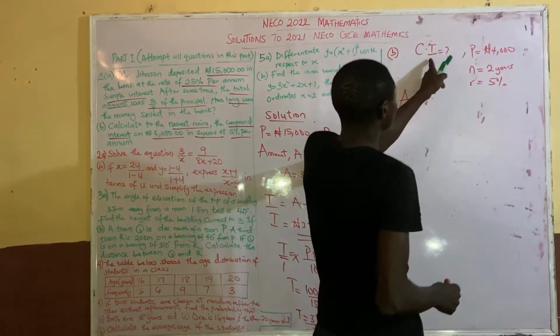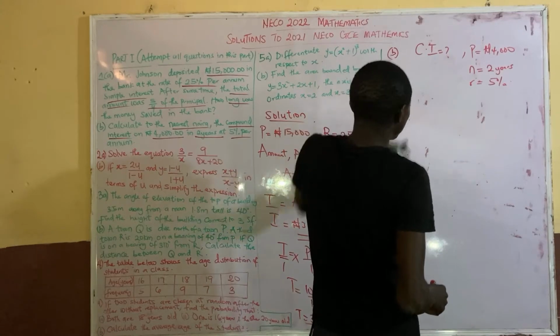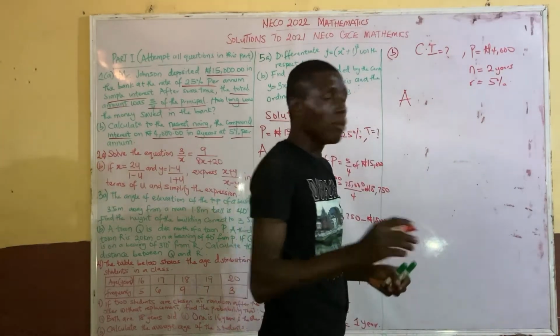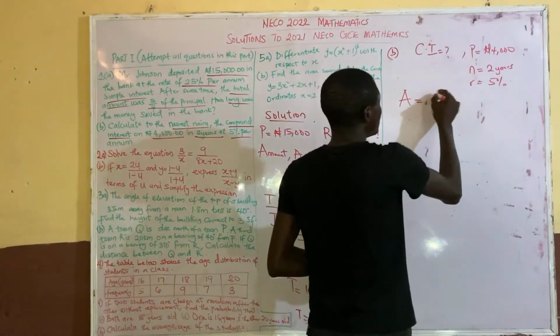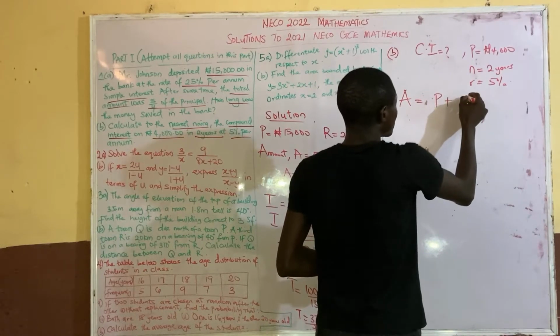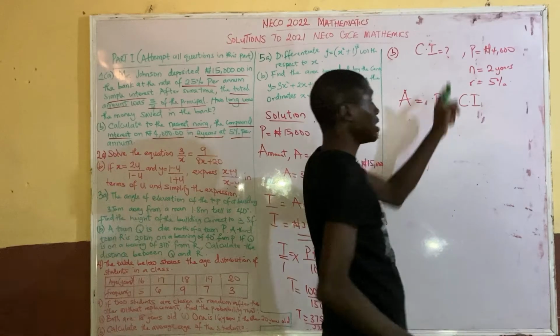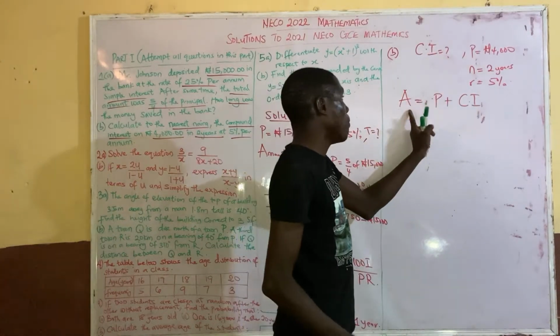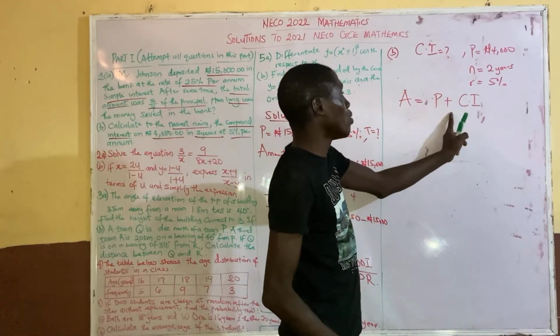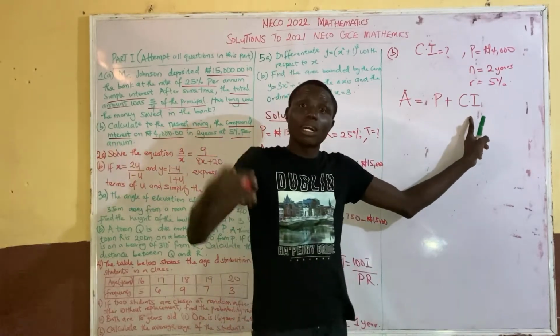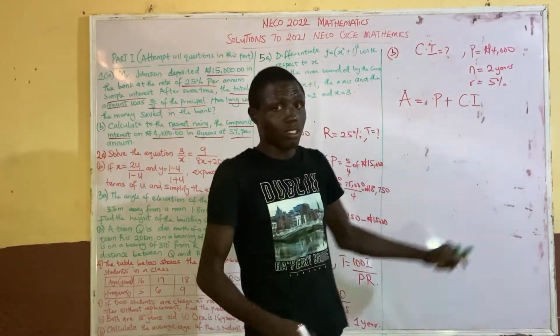To calculate the amount for compound interest, don't forget that amount itself is principal plus interest. Now in this case we are dealing with compound interest, that's why I write CI.